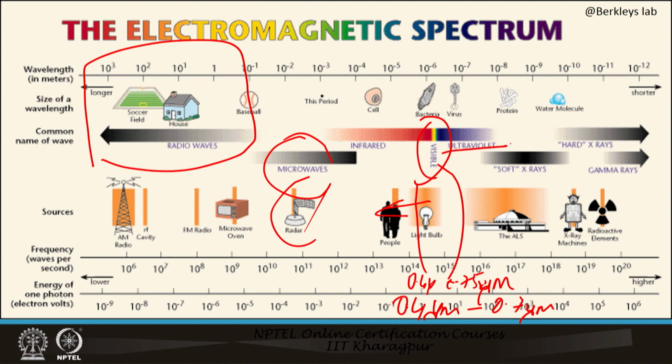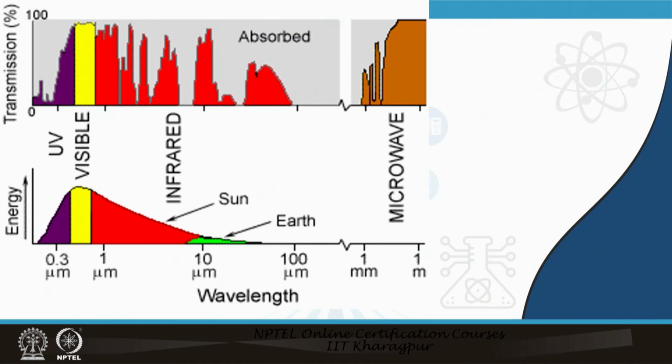Then you have ultraviolet, then soft X-rays, and then infrared, where you have short infrared, mid infrared and far infrared, and then thermal infrared, until 10 to the power of 15. Then you will have hard X-rays and gamma rays. So, that is about the electromagnetic spectrum.